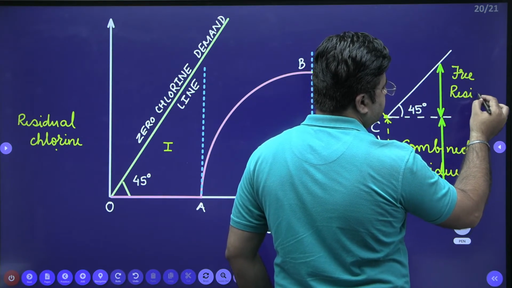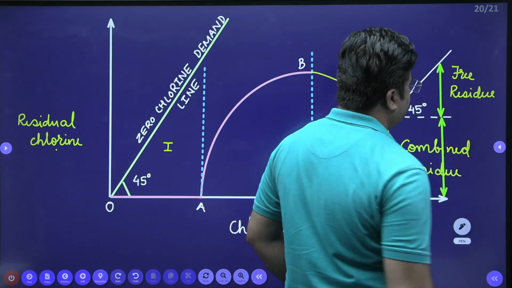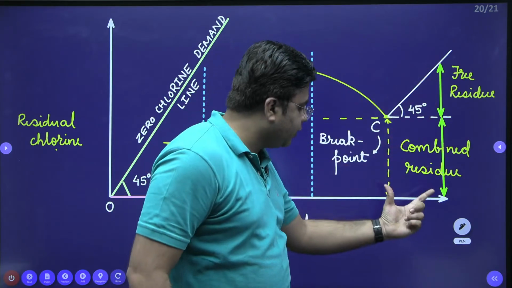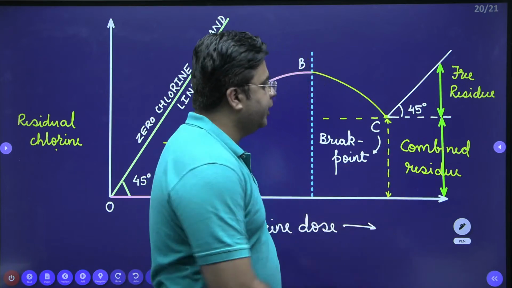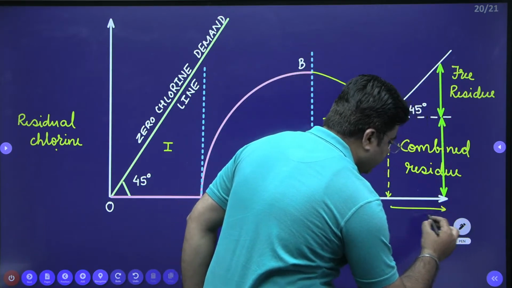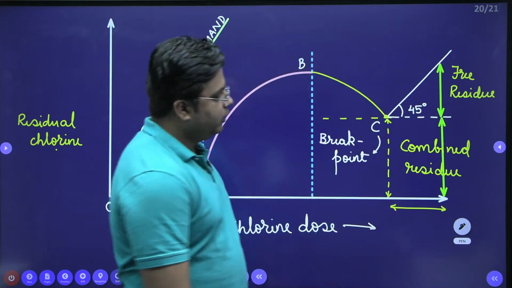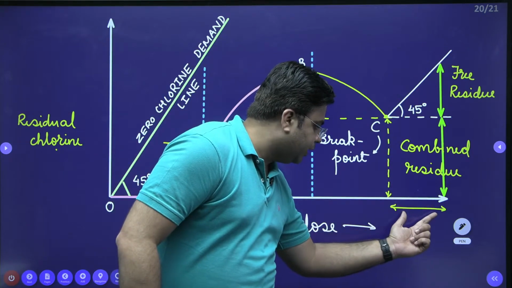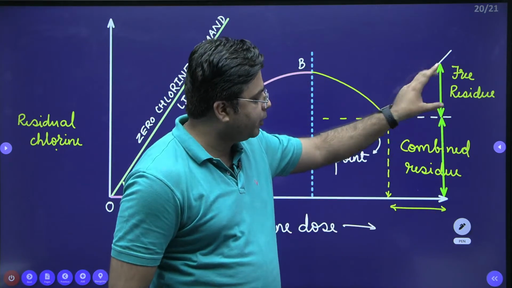This is known as free residue because this is the amount of chlorine that you have added beyond the break point. This free residue is nothing but the amount of chlorine that you have added after the break point.